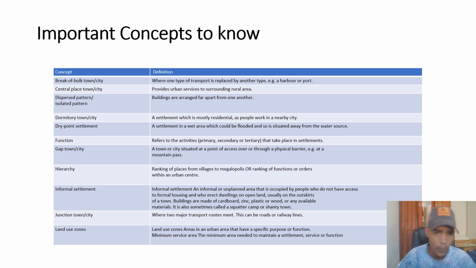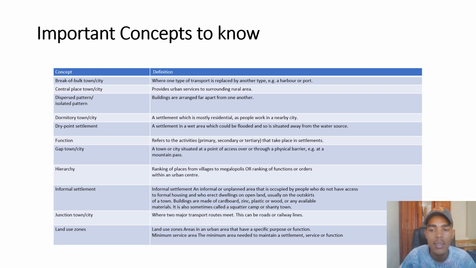So here are the concepts: break of bulk, central place, dispersed pattern, dormitory town, dry point settlement, function, gap town, hierarchy, informal settlement, junction town, land use zones. You can stop the video and read some of these definitions, but even if you don't stop the video, it's still okay, as we're gonna talk about these concepts throughout our video.